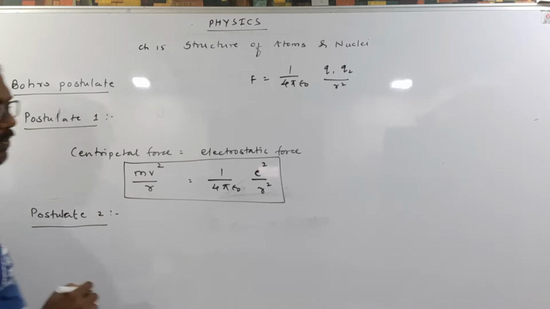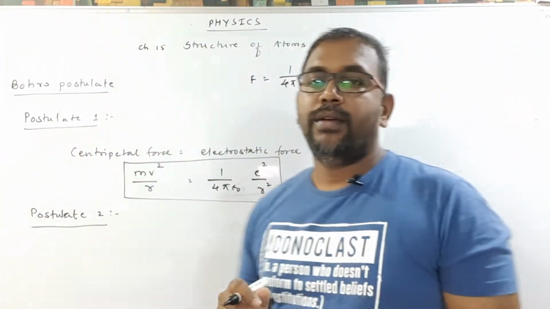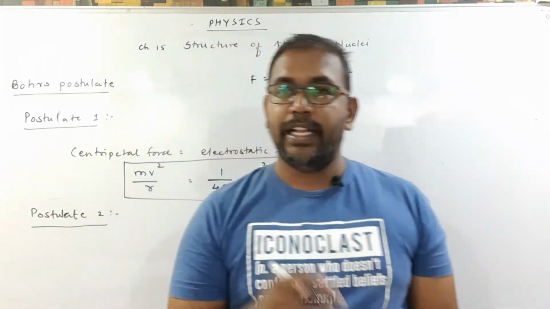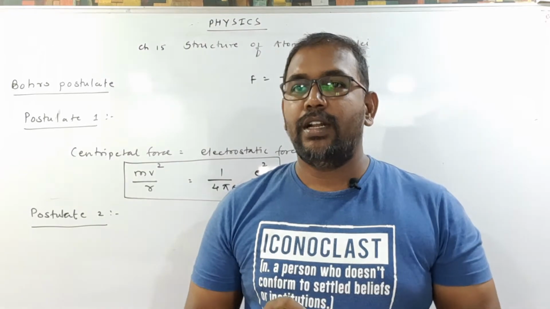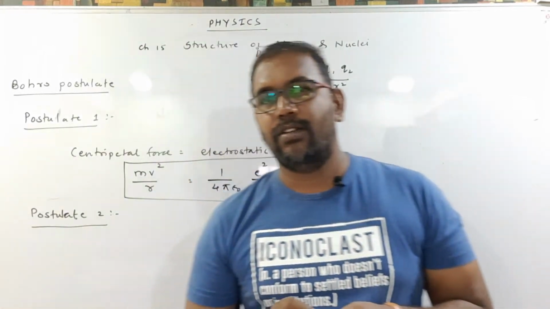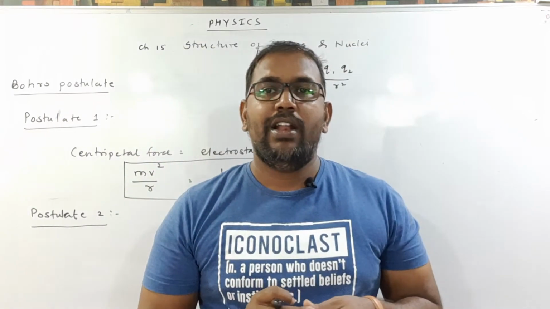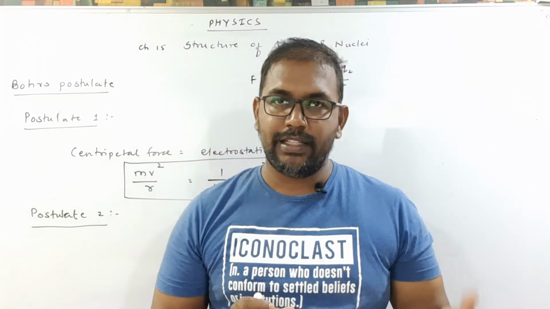In a similar manner, Bohr's postulate 2. In postulate 2, Bohr wrote that a revolving electron does not radiate energy. You know that the electron is an accelerating charge.